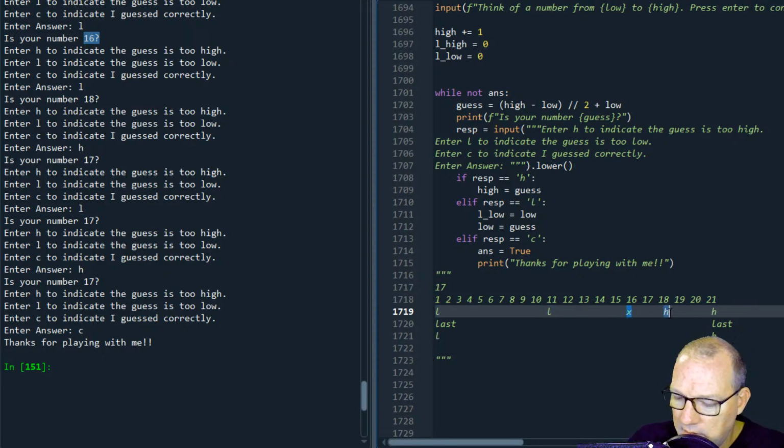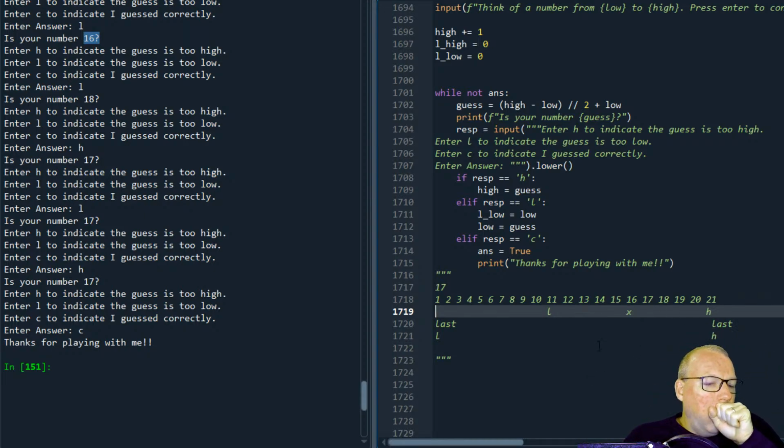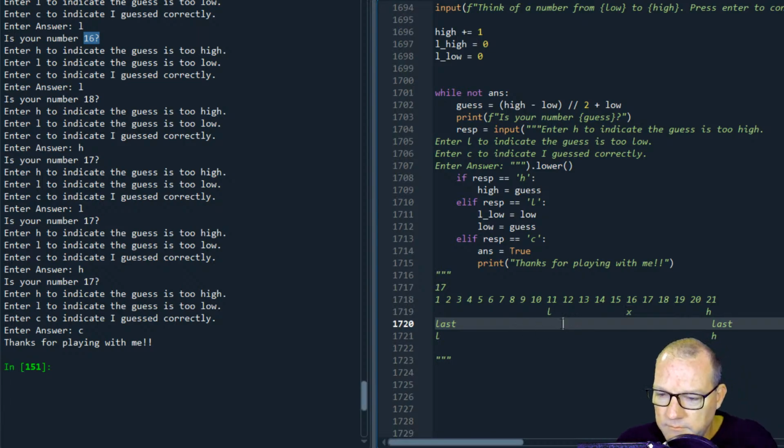All right. Let's get rid of that. That's just a space. Bring this back. So here we go. Last low, our low, and our next guess will be 16. So what would we do if somebody says it's too high?